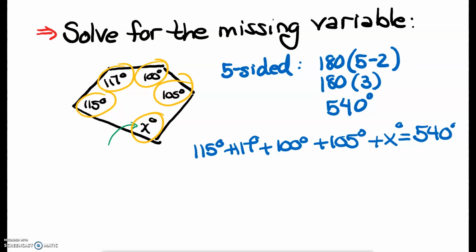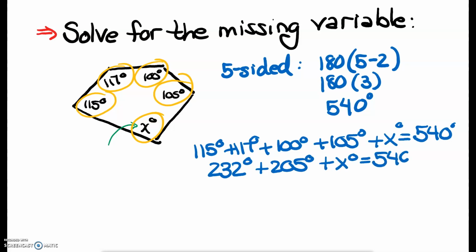So 115 and 117 would be 232. 100 plus 105 is 205 degrees. Plus x degrees is 540 degrees.